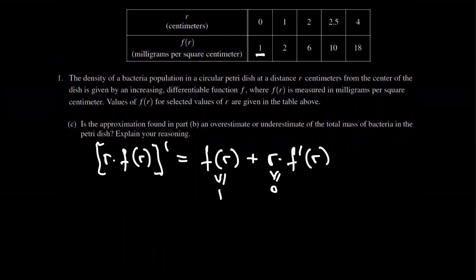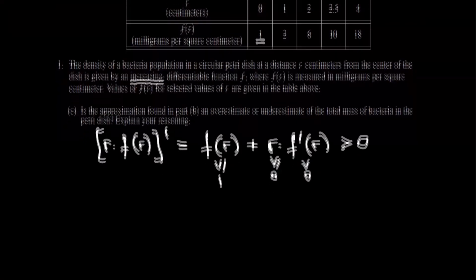And then f prime, because the function is increasing, f prime is positive. So overall, this is greater than 0. So this function in the integral is increasing as well as the function f of r.